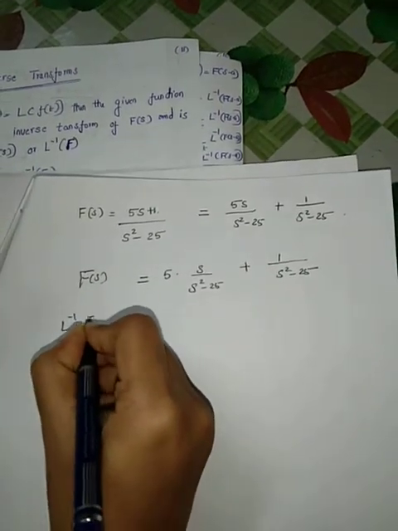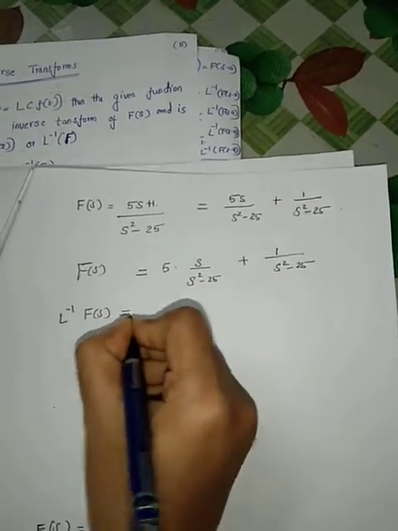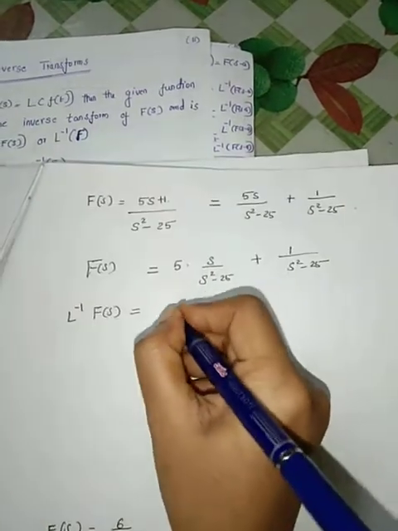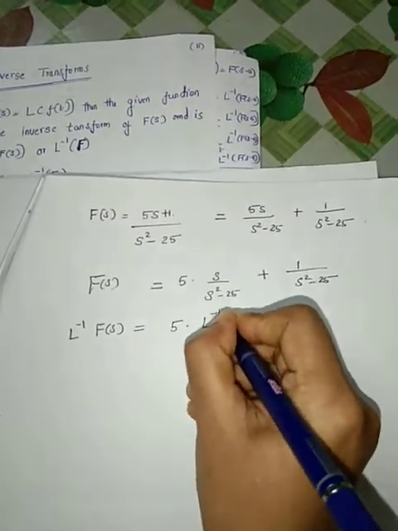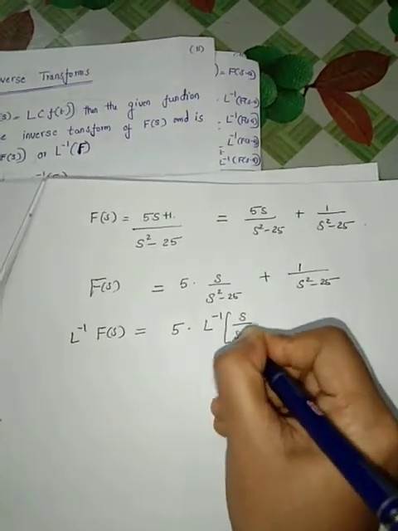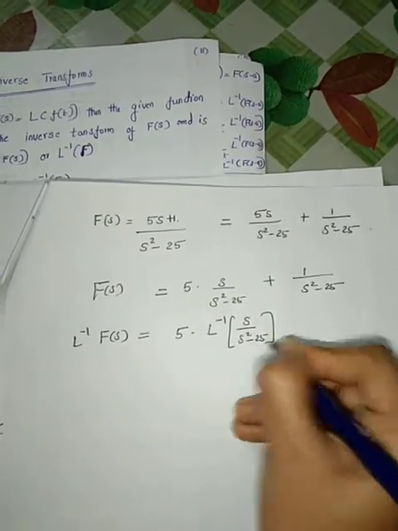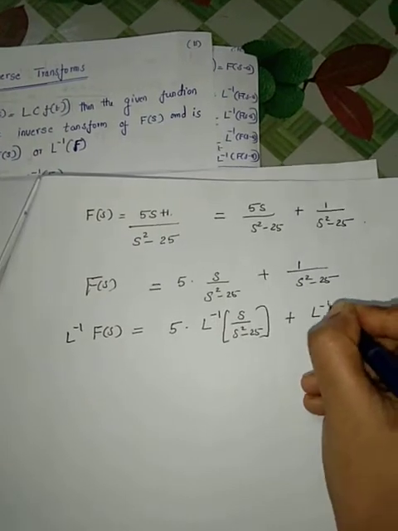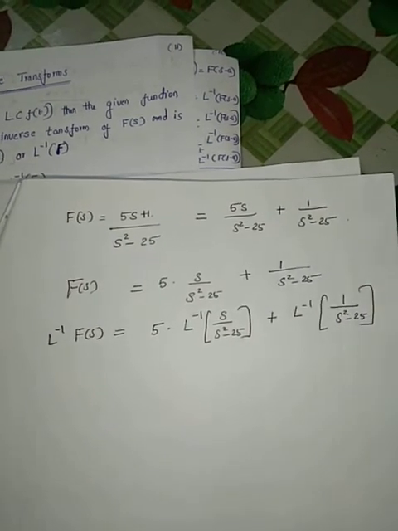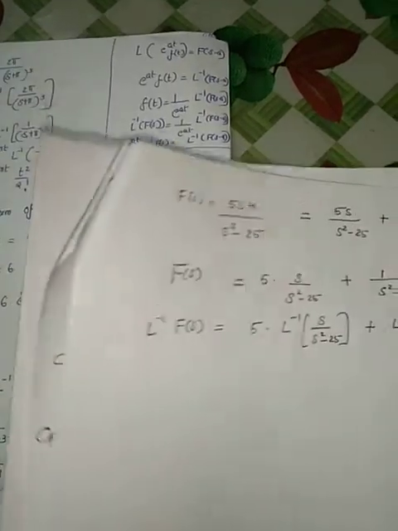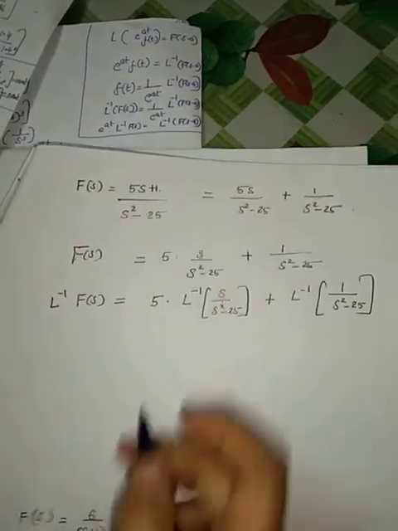So, apply L inverse on both sides. L inverse of F of s is equal to 5 is constant, we can take it outside, 5 into L inverse of s by s square minus 25 plus L inverse of 1 by s square minus 25. And then look at the basic formulas of basic transforms.